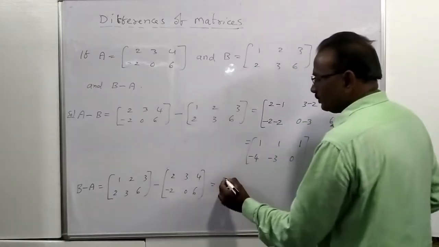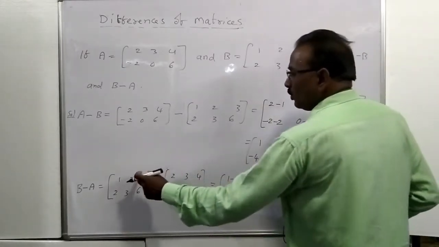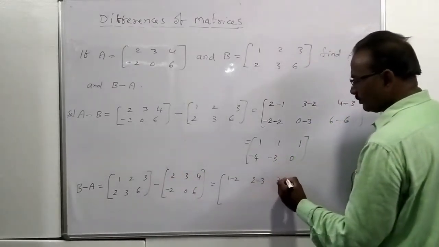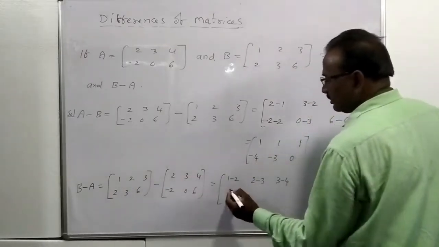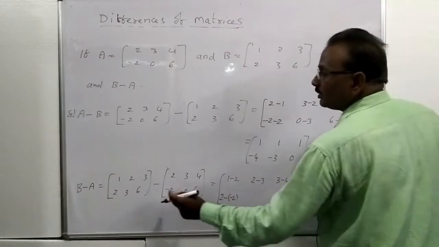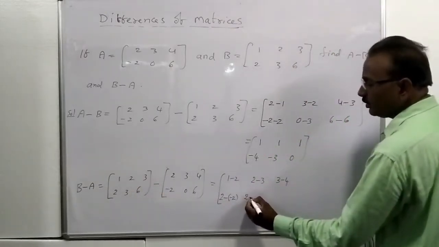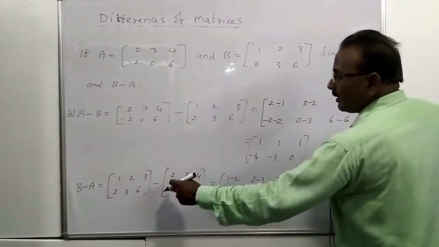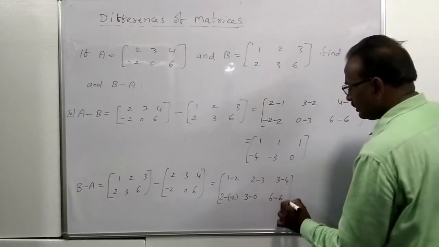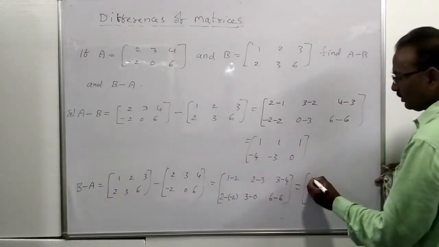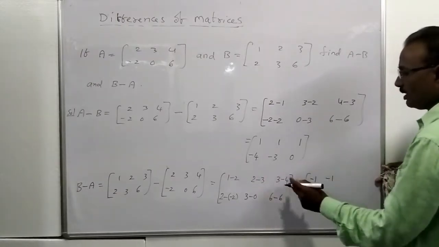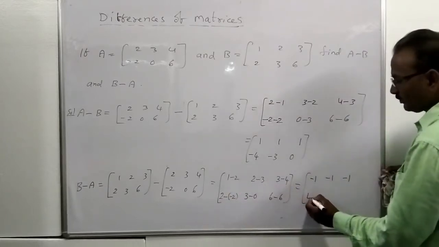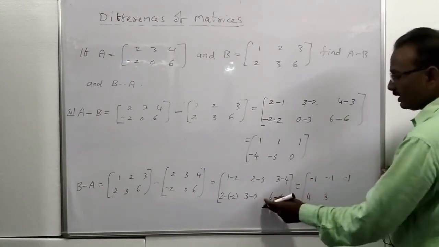Here 1 minus 2, 2 minus 3, 3 minus 4, 2 minus of minus 2, 3 minus 0, 6 minus 6. The values are: 1 minus 2 is minus 1, 2 minus 3 is minus 1, 3 minus 4 is minus 1, 2 minus of minus 2 is 2 plus 2, which is 4. 3 minus 0 is equal to 3, 6 minus 6 is 0.